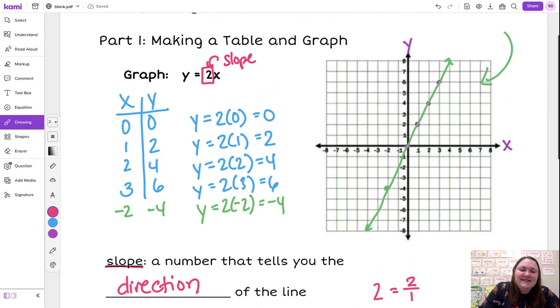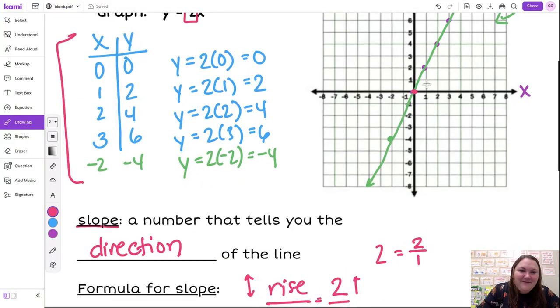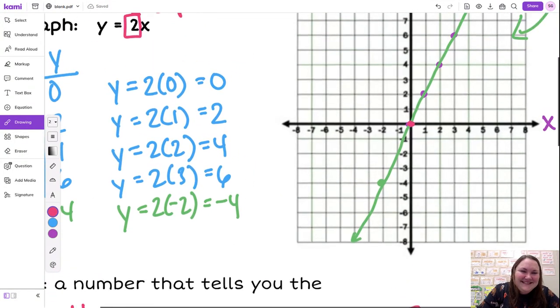So notice another way I could create this graph, instead of making this table and doing all of this math, is I mark my first point at 0, and then this is the movement we're going to do. We're going to rise 2 and run 1. So I'm going to get my graph maybe a little bit bigger so we can see.